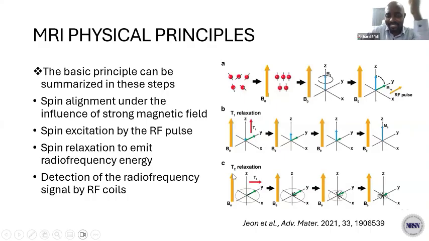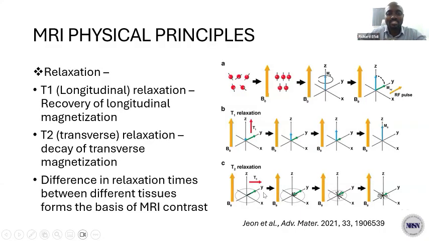The second relaxation is the T2 relaxation, or the transverse relaxation, which involves the loss of the transverse magnetization that was gained during the process of excitation. And this also occurs with time at different rates for different tissues.